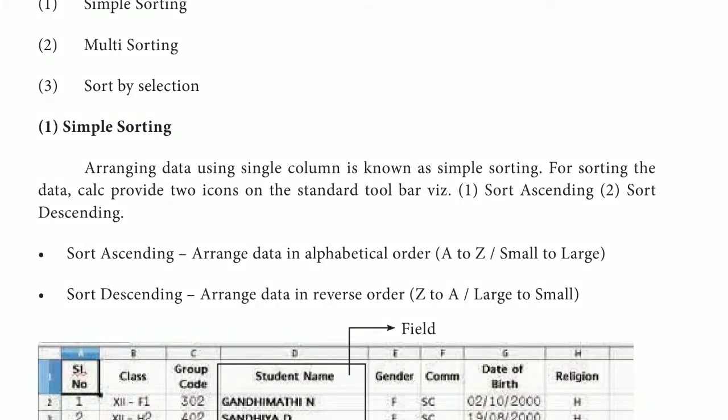For sorting the data, Calc provides two icons on the standard toolbar. First one is sort ascending, and the second one is sort descending. Sort ascending arranges the data in alphabetic order A to Z, or small to large. Descending means arranging data in the reverse order, Z to A or large to small.